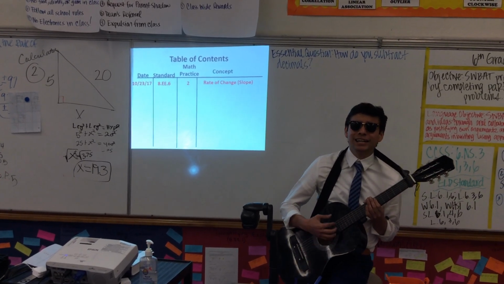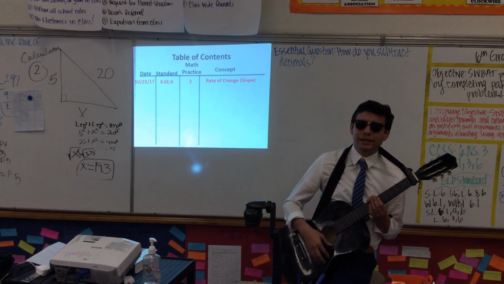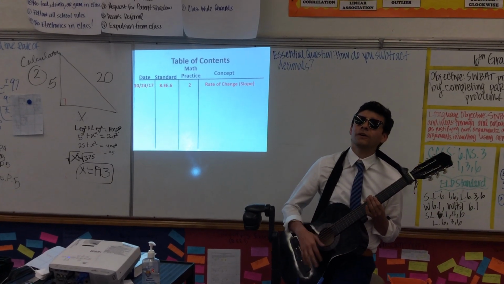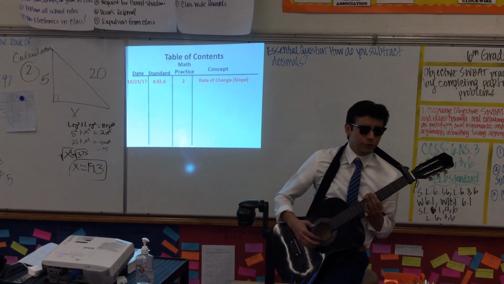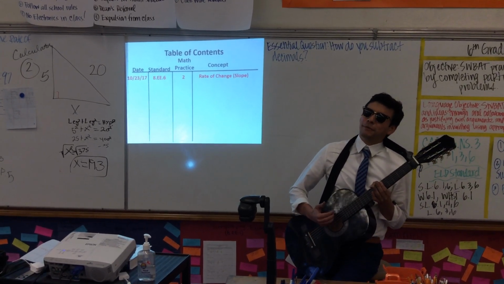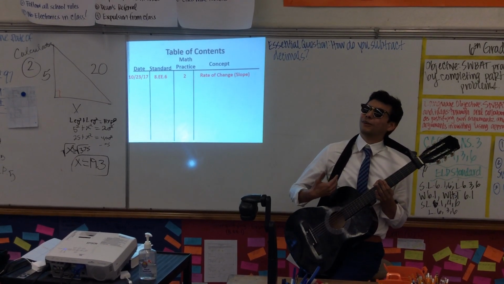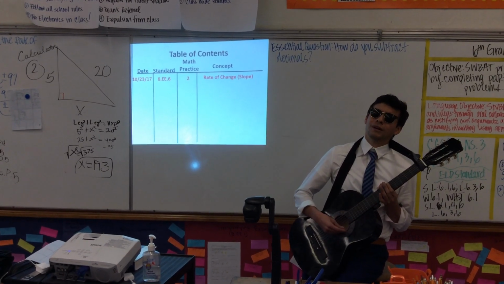But side to side, the slope is 0. M equals rise over run. M equals rise over run.